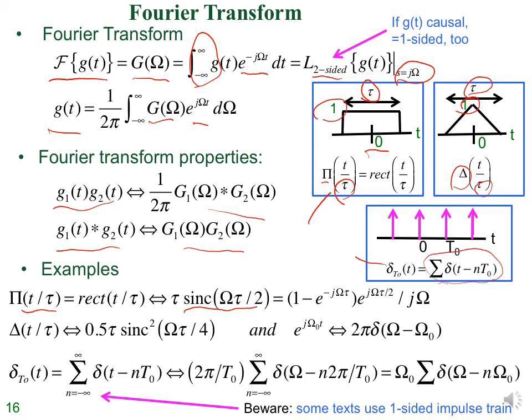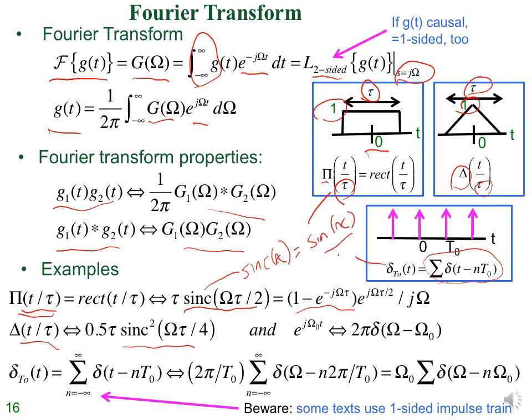So again, with this definition of the rectangular pulse, its Fourier transform is a sinc function. Sometimes it's more convenient to write the sinc function using complex exponentials. For the triangular function, its Fourier transform is a sinc squared function. For the sinc function, I will use the more common definition: sinc of x equals sine of x over x.